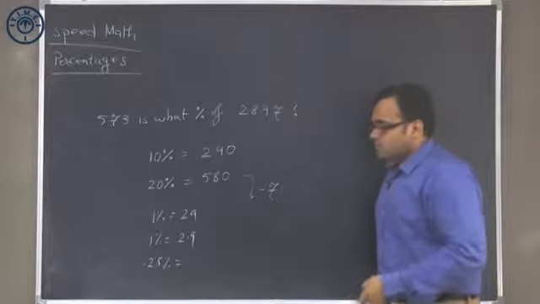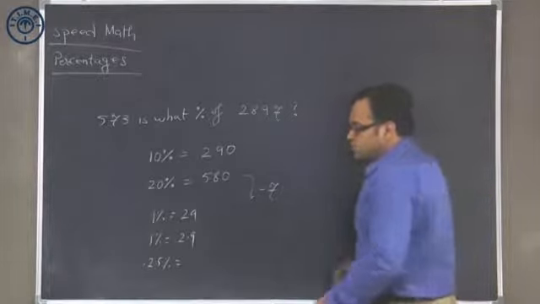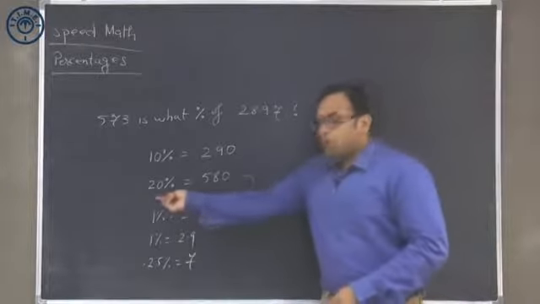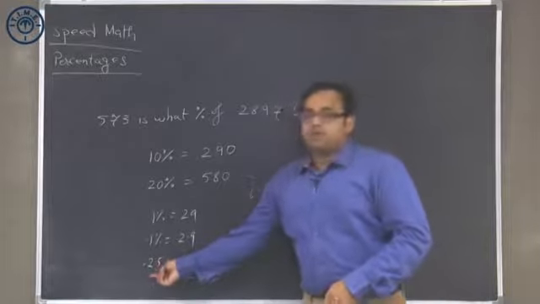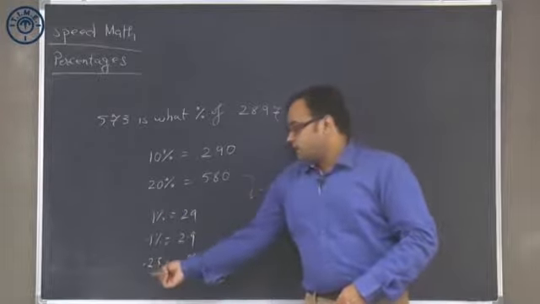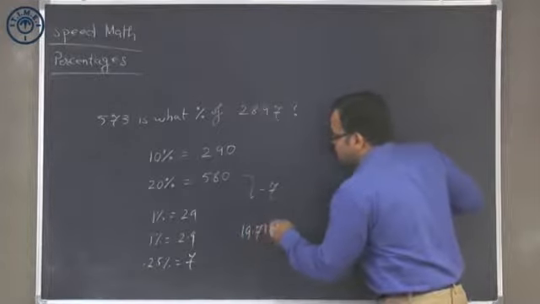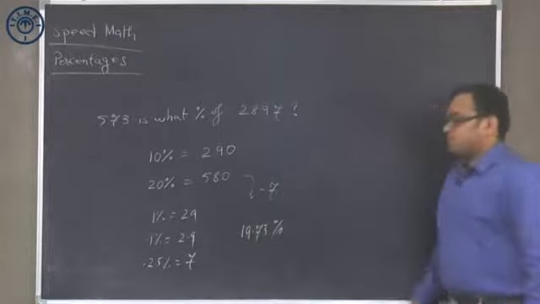So this will be approximately 25 into 29 is 700. So this will be equal to 7. And if this is equal to 7, from 20 I have to subtract 0.25. From 20 you subtract 0.25, you get 19.75%. So 19.75 is your answer.